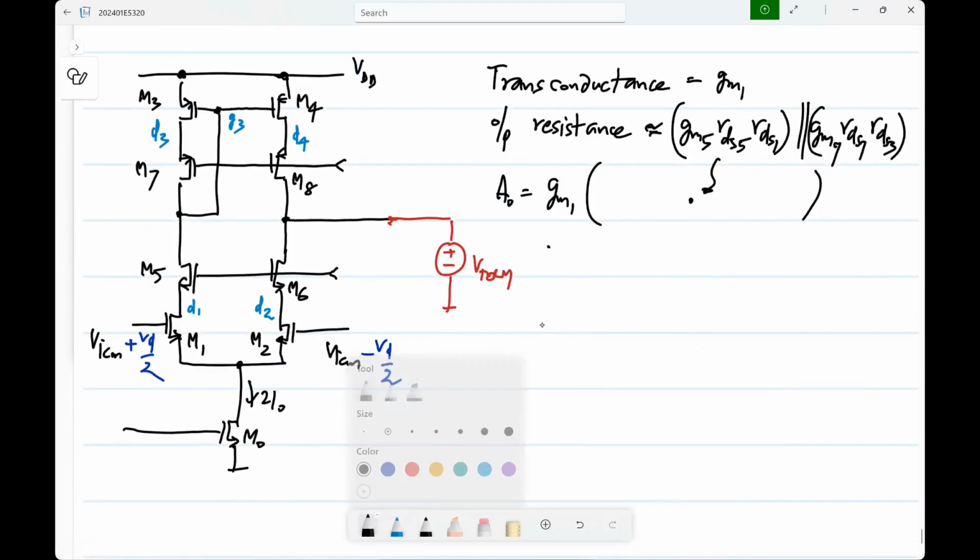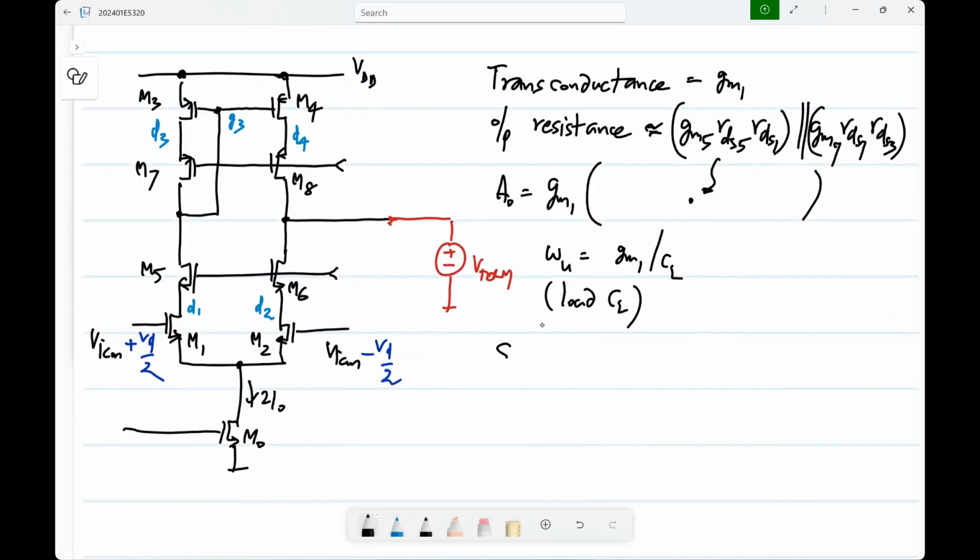Now, the unity gain frequency with a load CL, what will it be? Unity gain frequency of the op amp with a load CL. GM1 by CL, the same as earlier. What will be the slew rate?